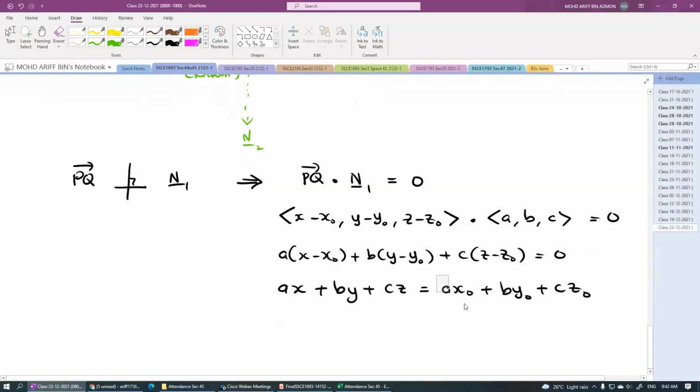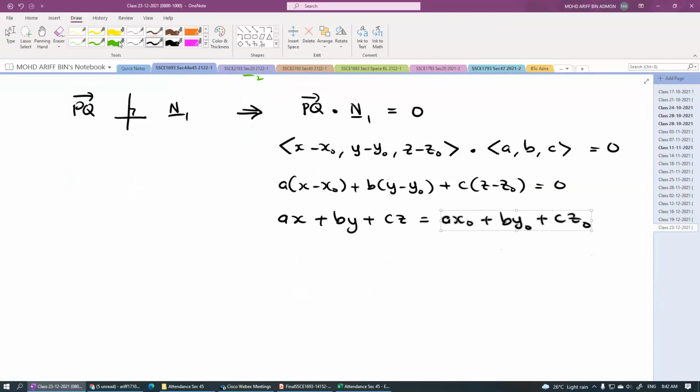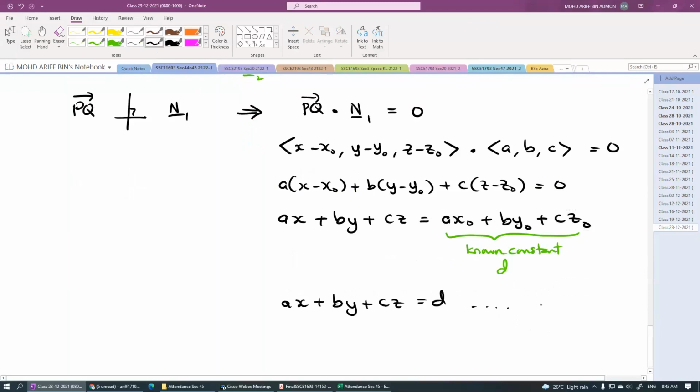Since you know all these values, you can just use a constant to represent them, a known constant, which I'm writing as d. So your equation now becomes ax plus by plus cz equals d. This is our equation of a plane.